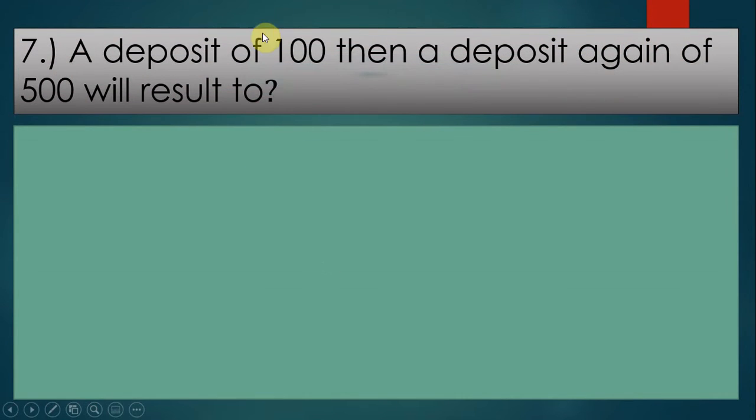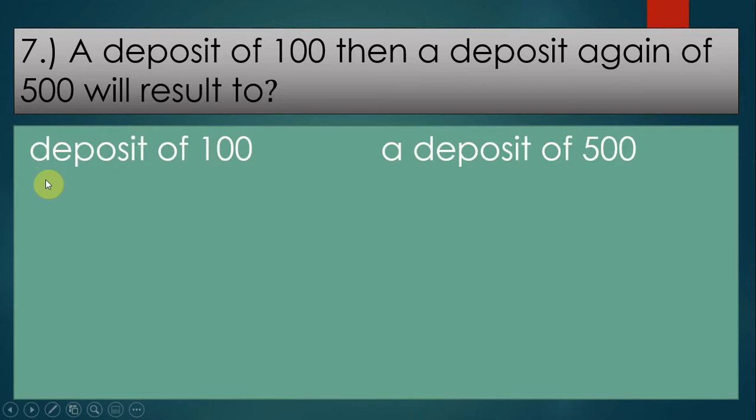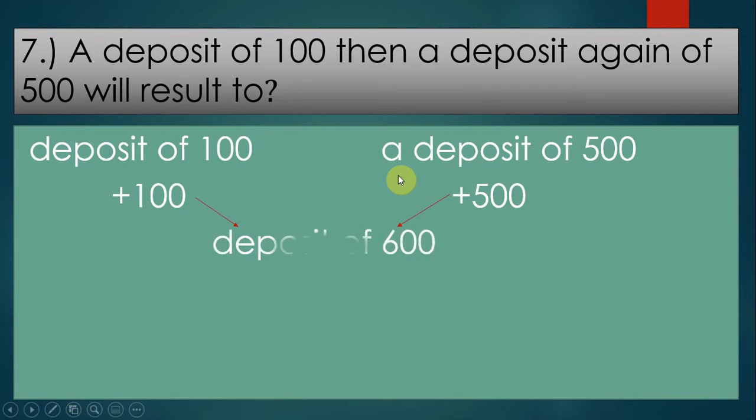How about this? A deposit of 100, then a deposit again of 500 will result to two deposits. So deposit is positive and another positive deposit will result to, okay, deposit of 100, that's positive 100, and deposit of 500, that's positive 500. And this will result to a deposit of 600. The sign of deposit is positive.